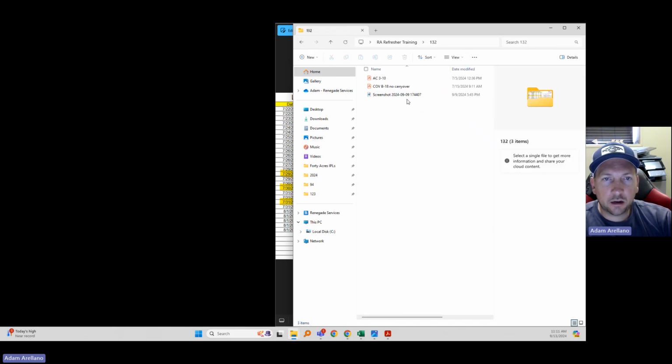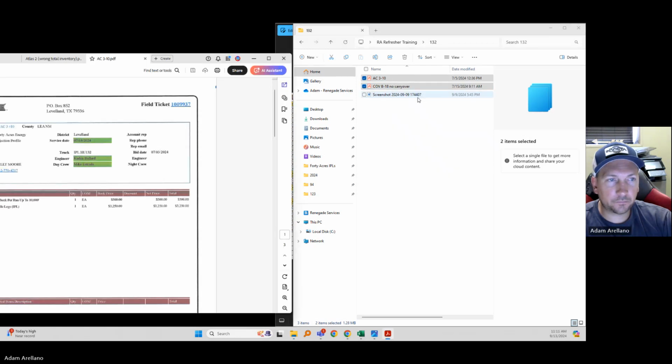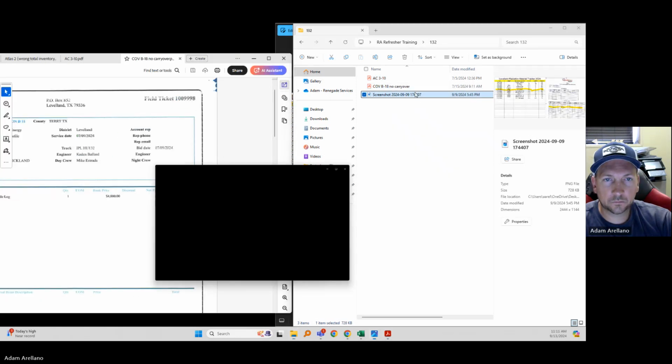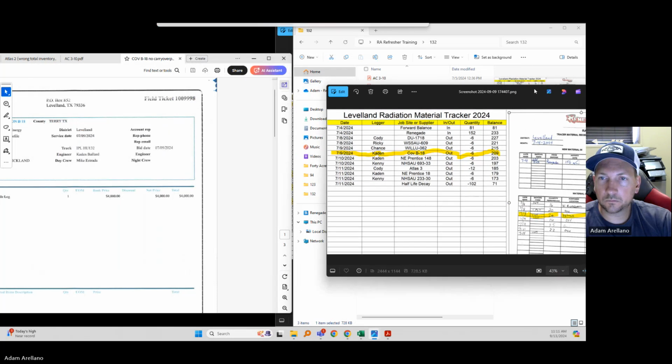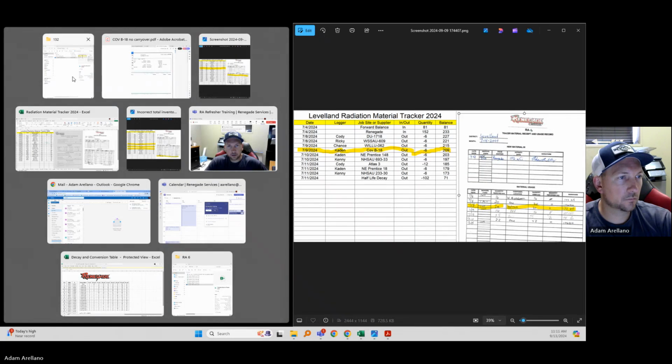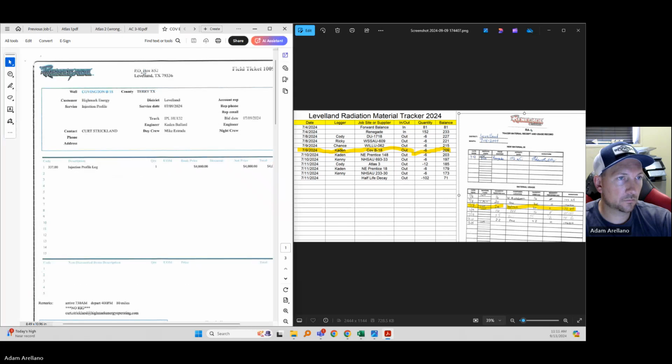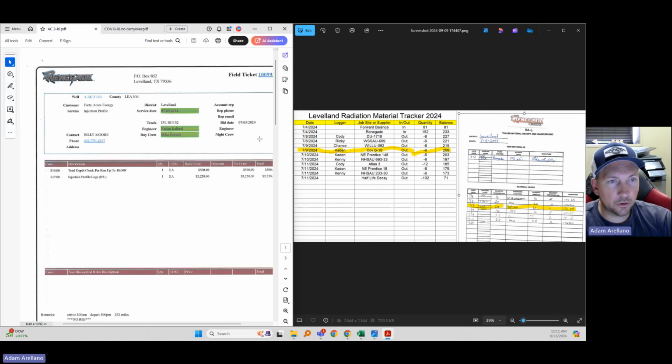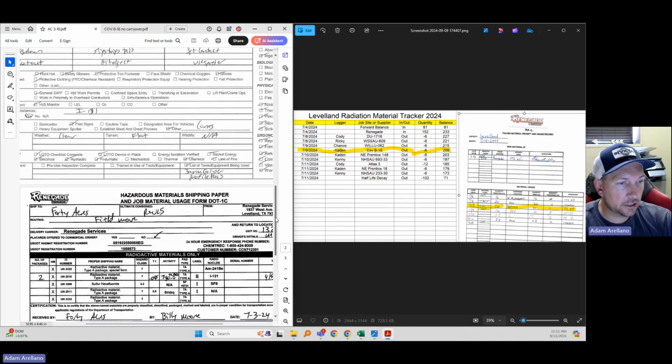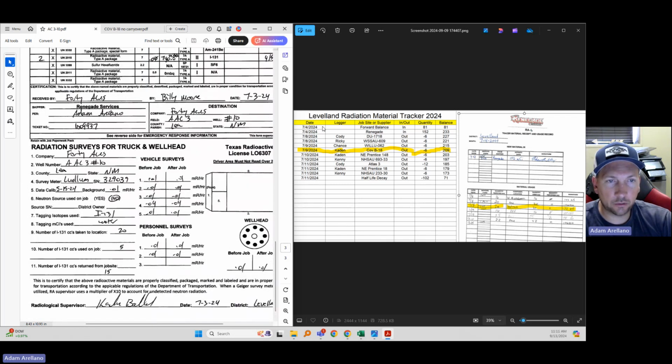So Cadence truck, let's see if I can get this pulled up. So on the 3rd, Caden did a job on the AC 3-10, which was the week before we got our inventory.